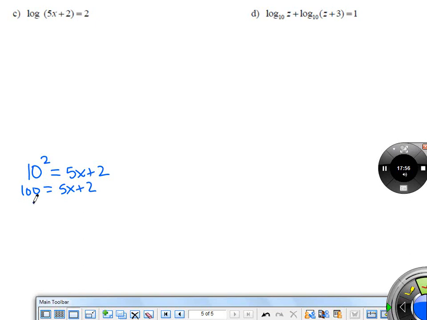Now I'm just going to solve it like it's a linear equation. So I get x equals 98 over 5.